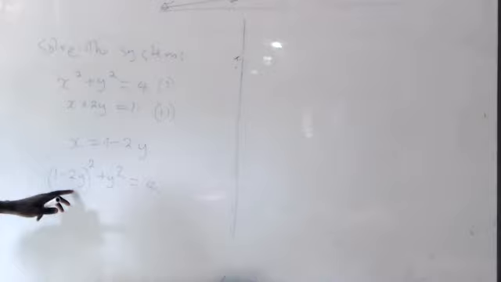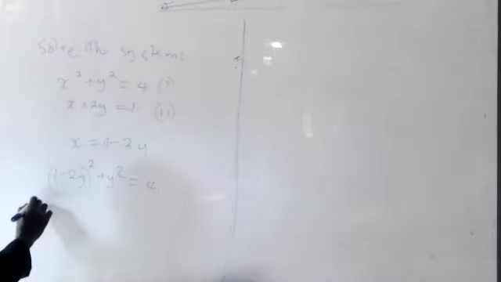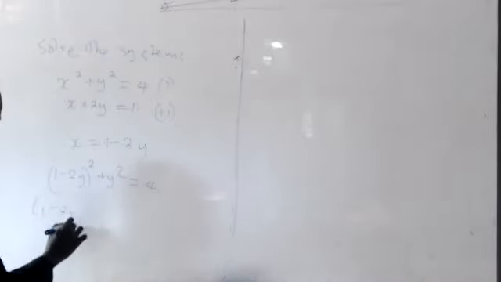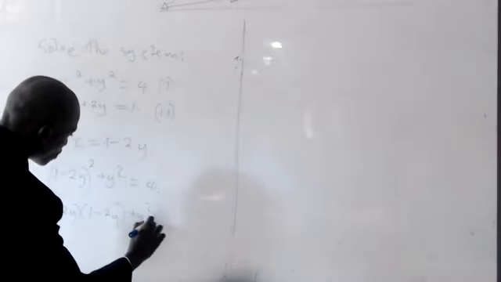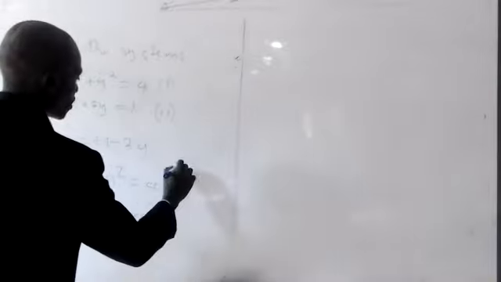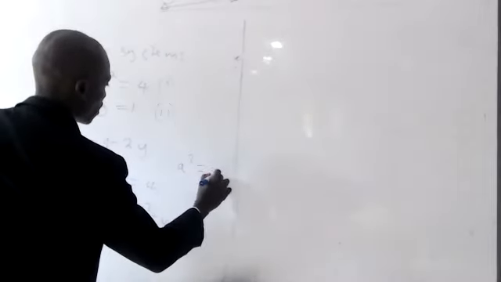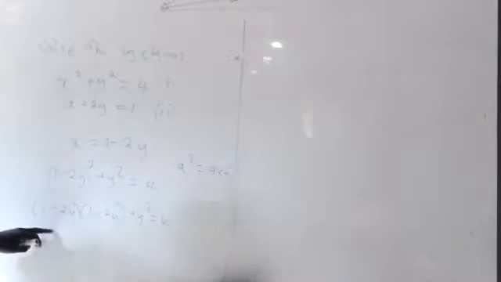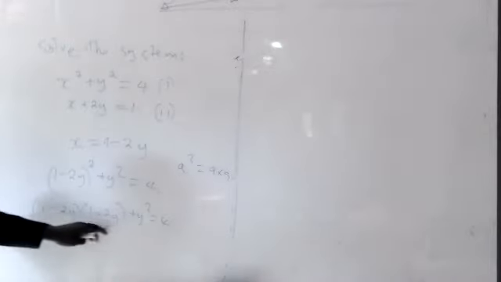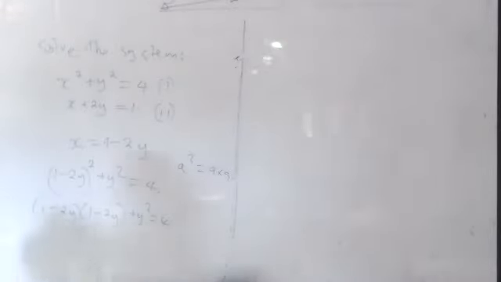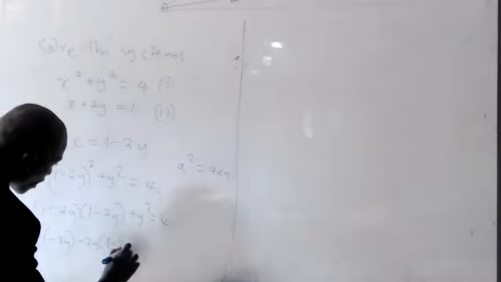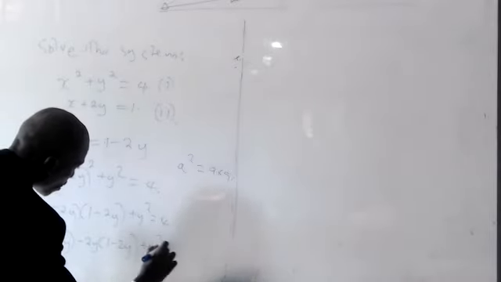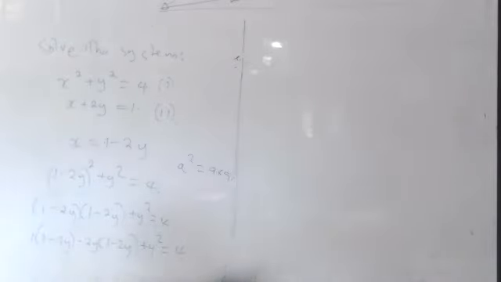And how do you do this? You just expand (1 minus 2y) times (1 minus 2y) plus y squared is equal to 4. You know that a squared is simply a times a. So I've taken 1 minus 2y times 1 minus 2y. Open the brackets: 1 multiplied by 1 minus 2y, minus 2y multiplied by 1 minus 2y, plus y squared must give you 4.